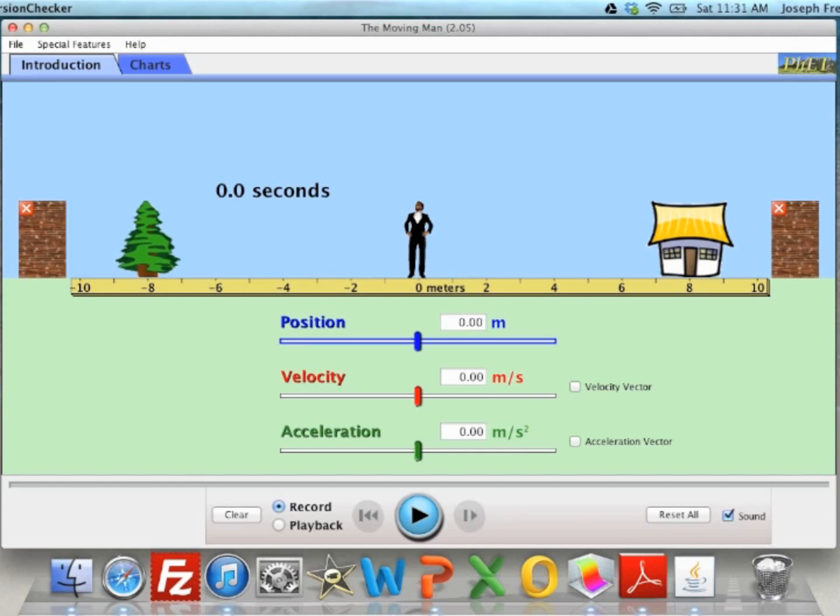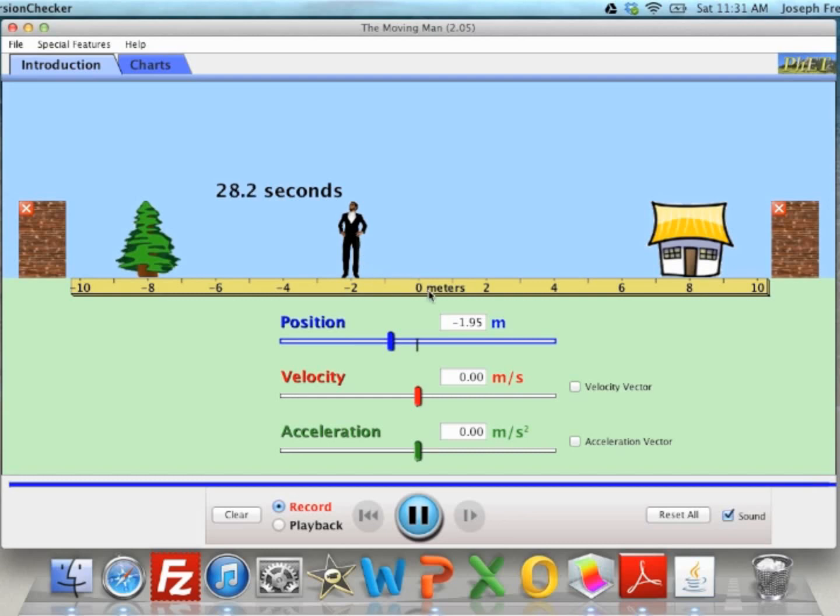So going back to position. Right now his position is 0 meters. Let's say I move him. If I move him, then his position is now about 2 meters, 1.95 meters. I can also move him backwards, and his position right now is about negative 2 meters, negative 1.95 meters. That's just position. Remember that displacement is the difference in position.